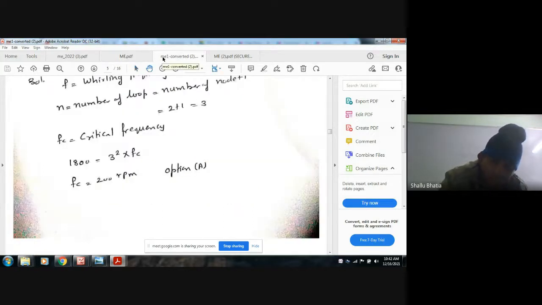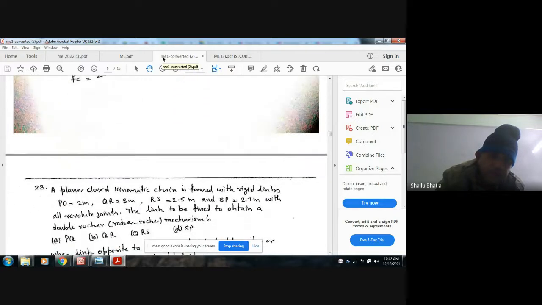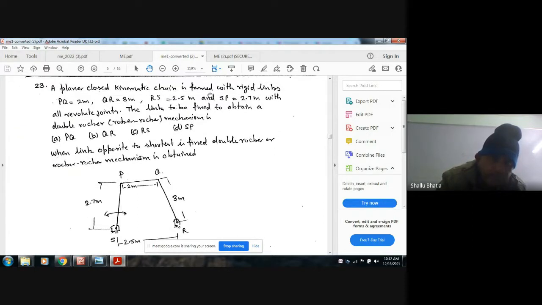To obtain a rocker-rocker mechanism, we have to fix the link opposite to the shortest link. Sorry, the link opposite to the shortest link.